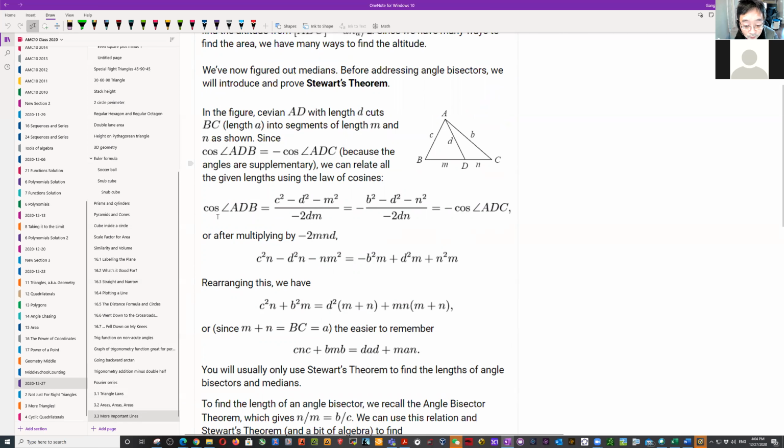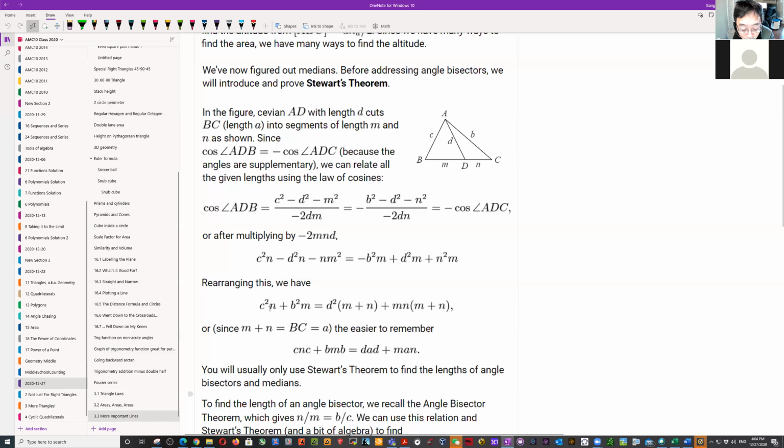And a cosine of an angle is actually equal to the negative of the cosine of its supplement angle. So with this equality, the same value can be represented by those three sides. So we are able to produce Stewart's theorem. Stewart was a mathematician living in the 1700s, so this theorem was developed much later.